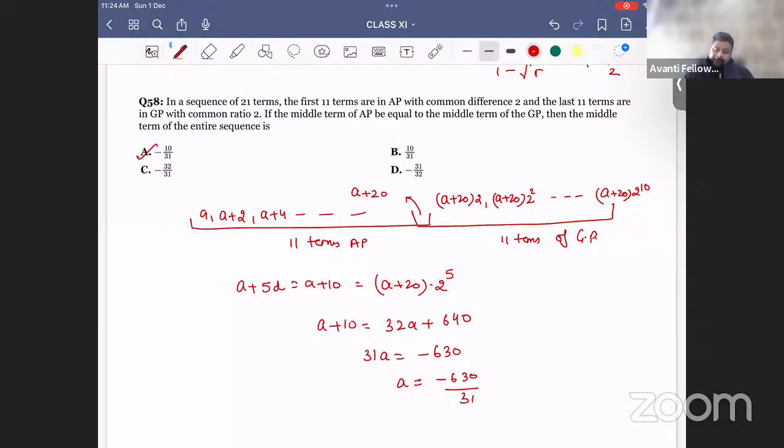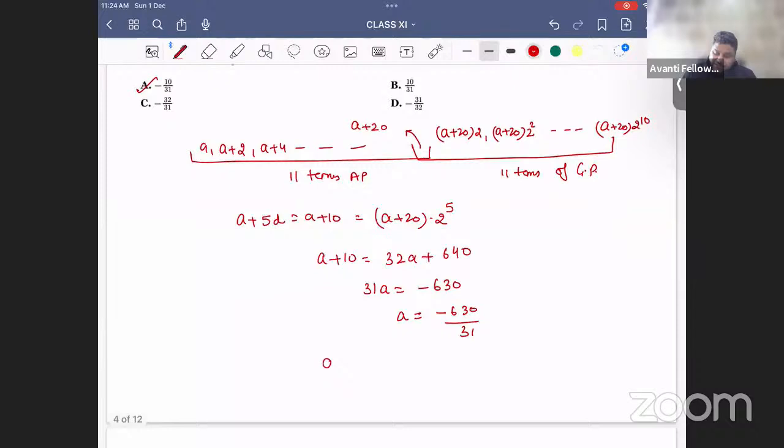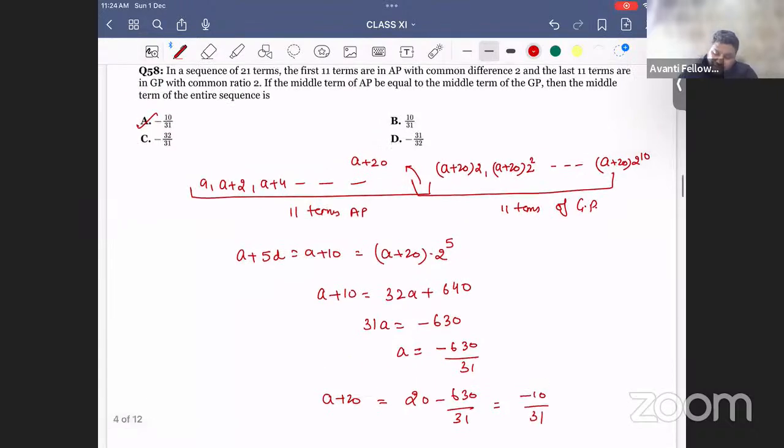Am I clear? Now what they're asking, middle term of the entire sequence, middle term is A plus 20. So it is 20 minus 630 upon 31. Correct? And the answer is right in front of you. This is 31 into 20, 620 minus 630. So minus 10 upon 31. Minus 10 by 31 is the correct answer.